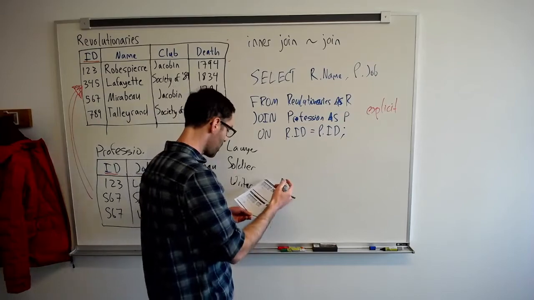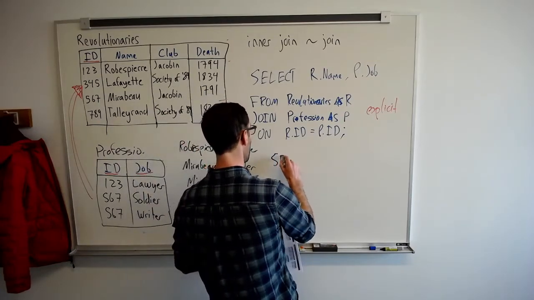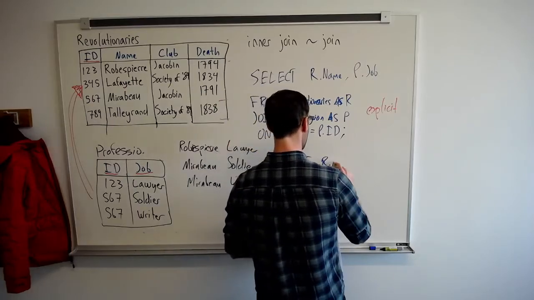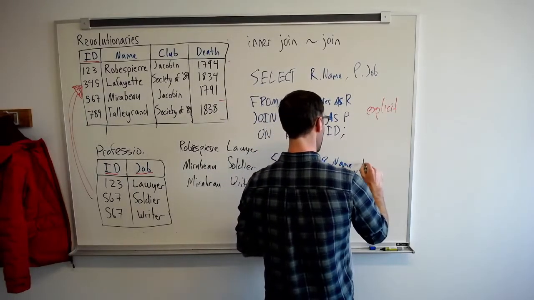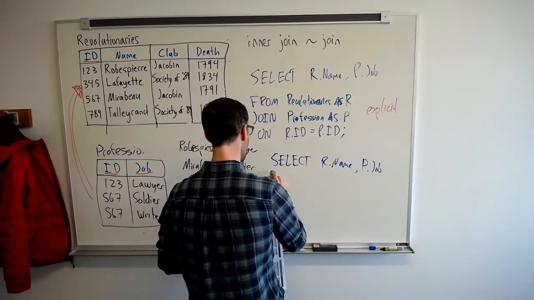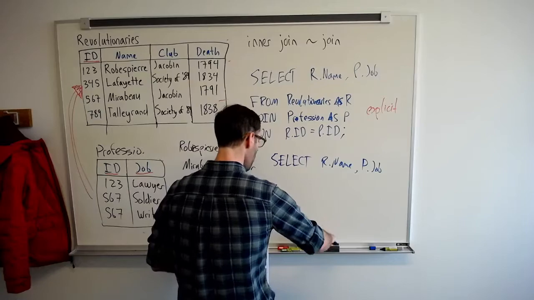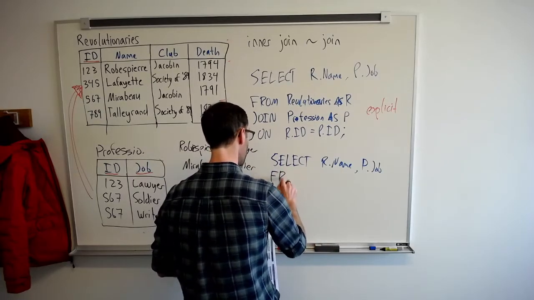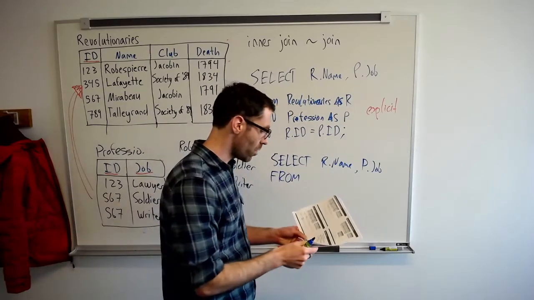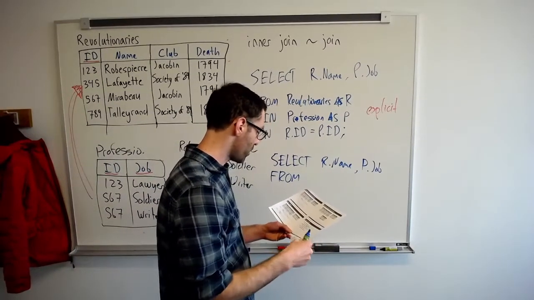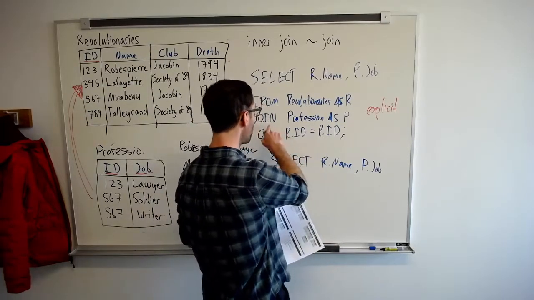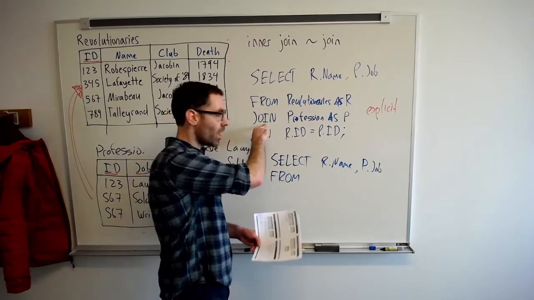So I wanted to make sure to show you, but we can say select the same attributes, name and job, and then in the from clause, we can just give the two tables that we're selecting from separated by a comma, instead of using the join keyword.